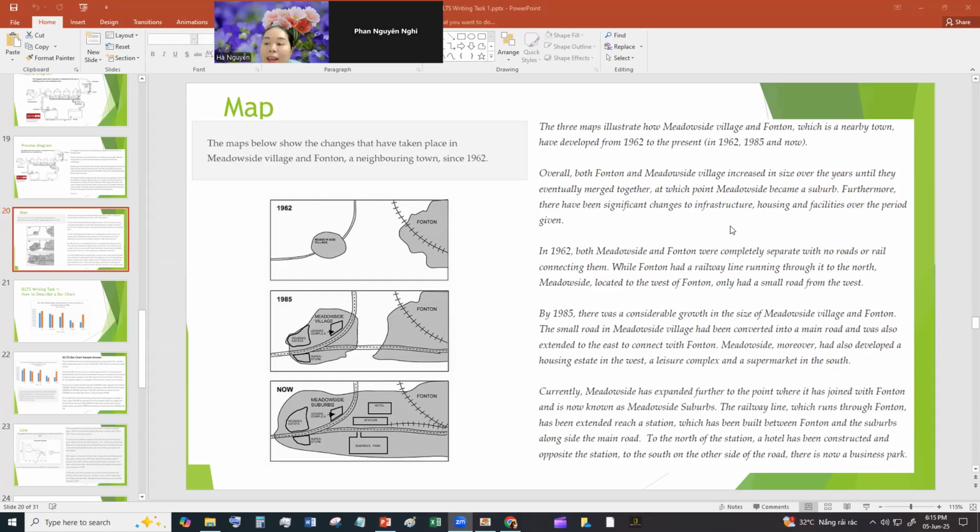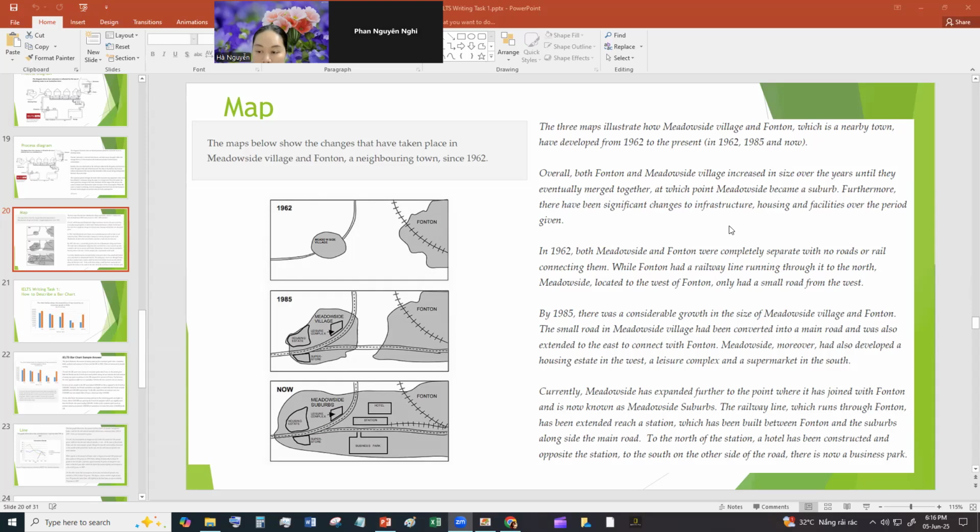It's passive. That's right. So one more thing you will notice about this map description type is that, like process description, they also use active and passive sentences. Why? They use passive sentences to stress the verb, the action being done in the map, and the person or thing being affected by the action.